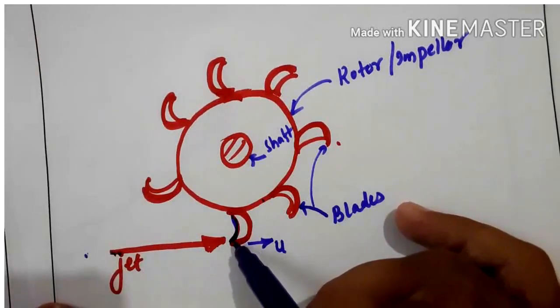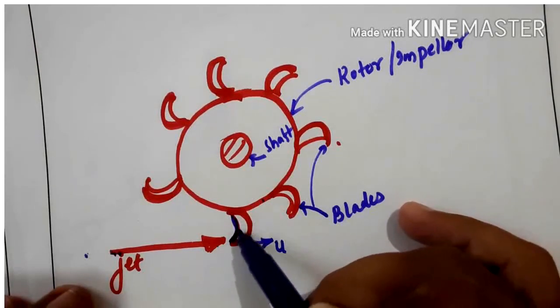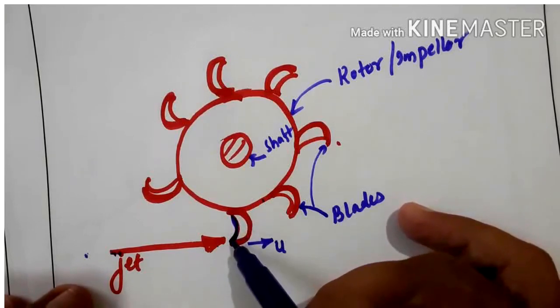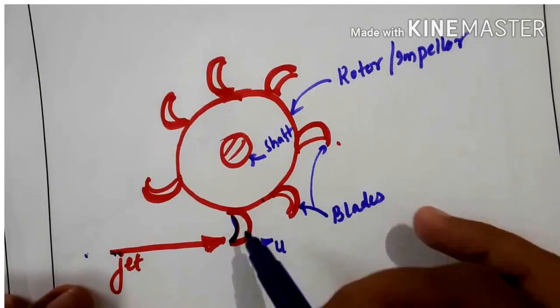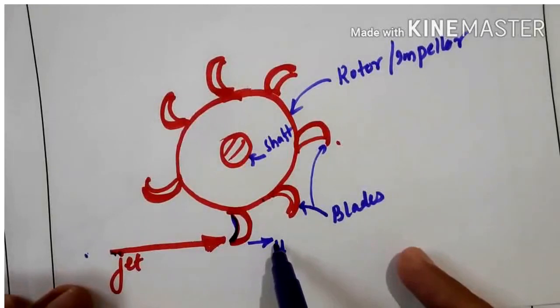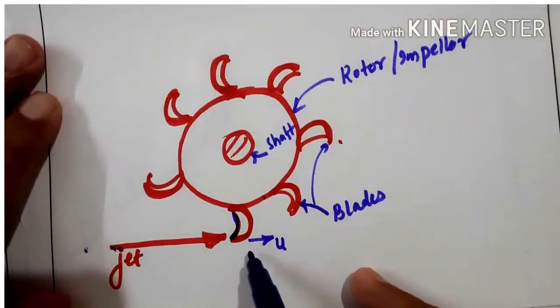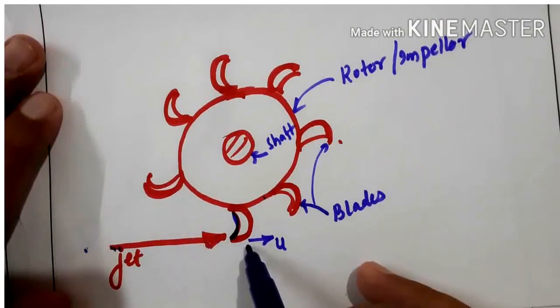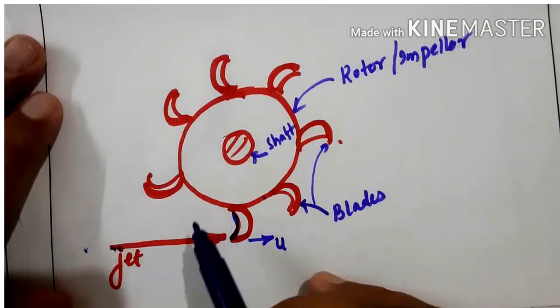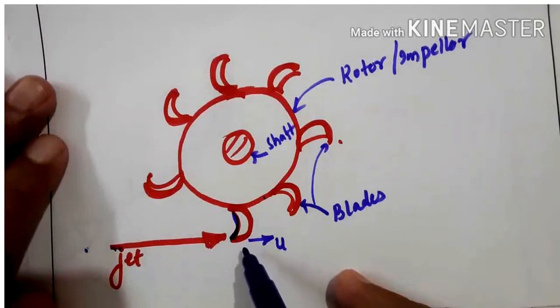Because of the change in the momentum, this blade receives the force, and as it receives the force, it starts moving in this direction. Then again the next blade will come and stand before the jet, and that also receives the force. Again the third will come and stand before the jet, and that also receives the force.